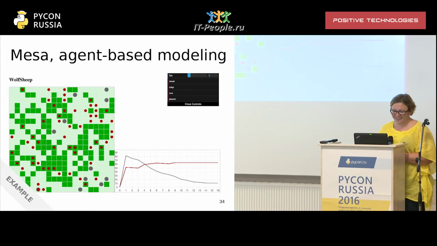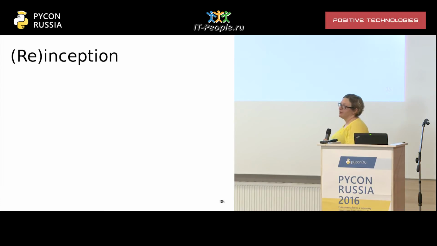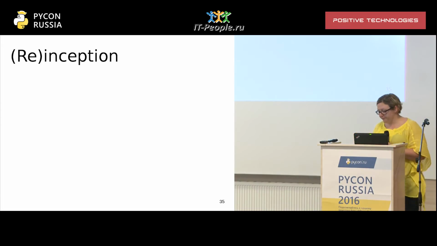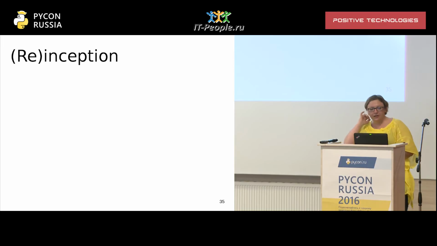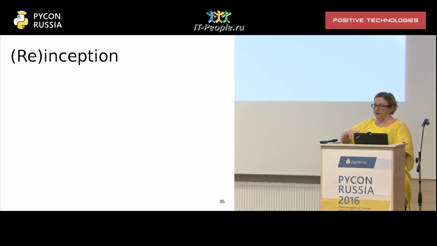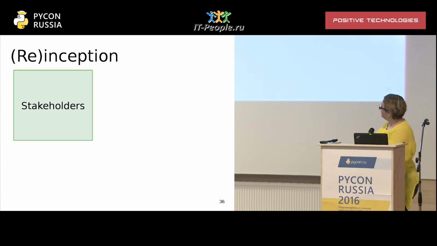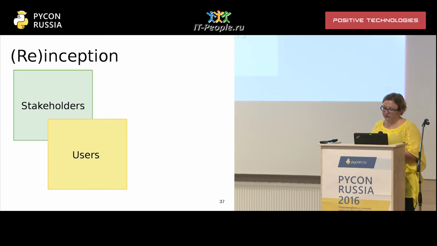So the first technique is called inception or reinception. It is a technique that came out of a company in the US called Pivotal Labs. It's the idea of generating, classifying the ecosystem of a project, starting with identifying its stakeholders and its users.